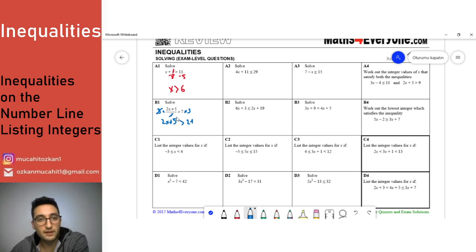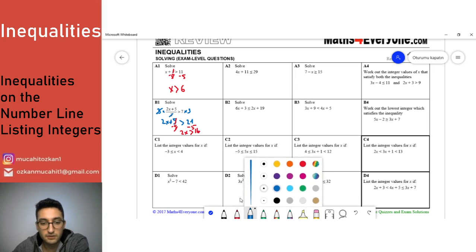And don't forget that if you multiply or divide both sides by a negative number, then you need to change the sign also. This is valid just for inequalities. Then I continue with subtracting 5 from both sides, and we get 2x greater than 21 minus 5, which is 16.